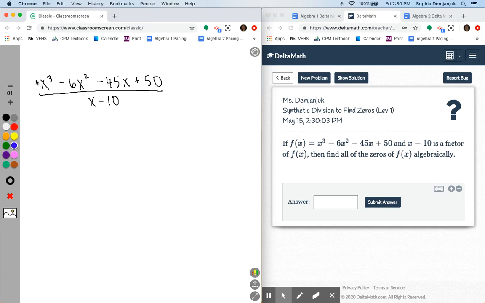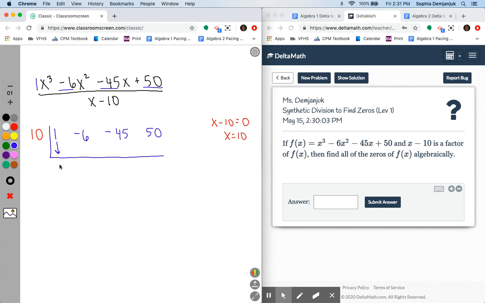So my coefficients of the numerator are 1, -6, -45, and 50. If x minus 10 is in my denominator, I'm going to solve for x. If I were to add 10 to both sides, I get x equals 10. So 10 is the number on the left side.